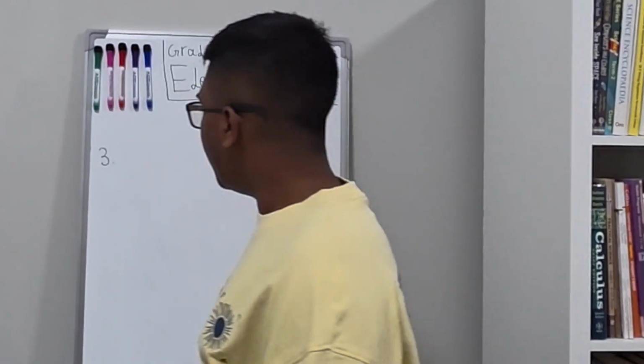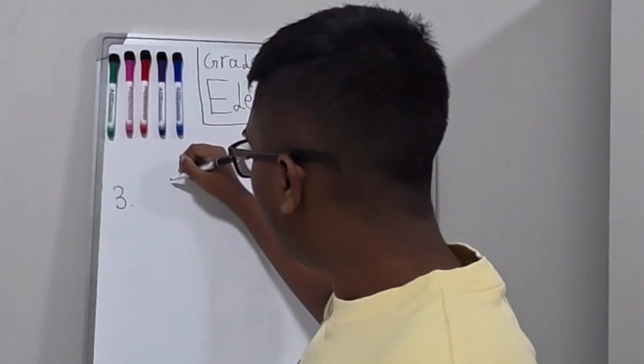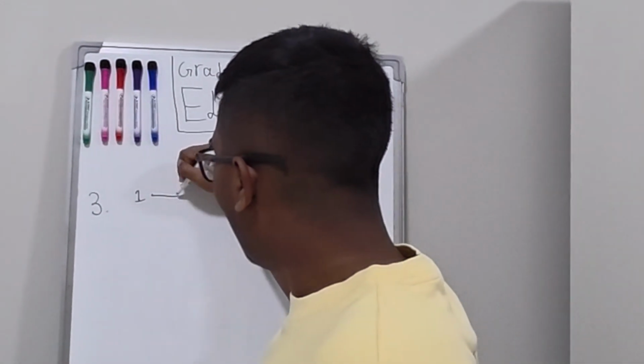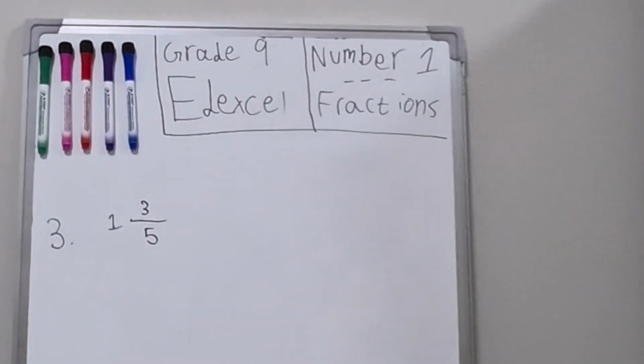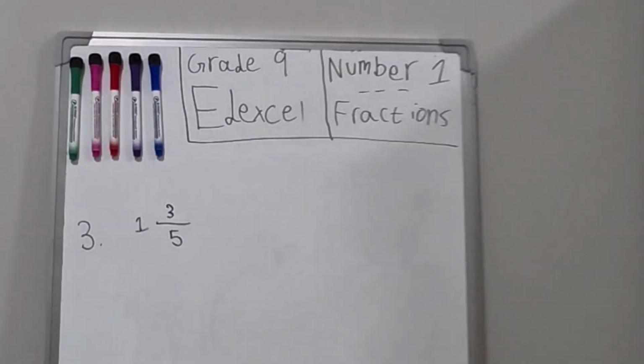But in this case, the fraction cannot be an improper fraction. It must be a proper fraction. Let's take the example of 1 and 3/5. 1 and 3 divided by 5, or 1 and 3/5. It's a mixed number.